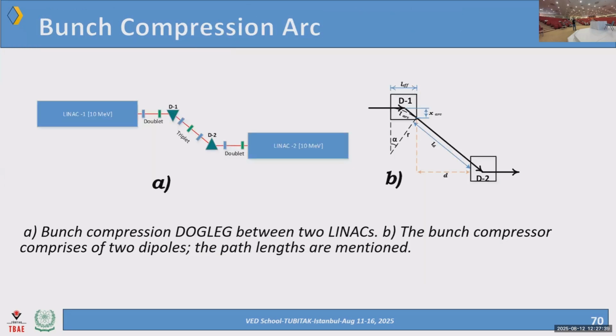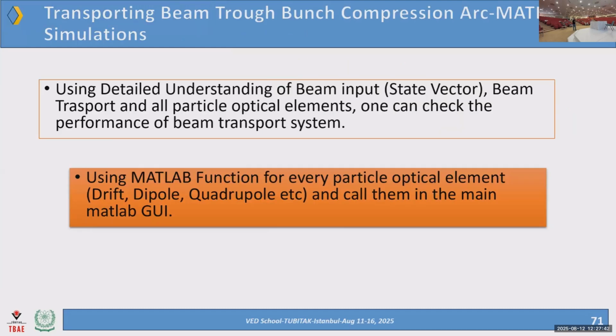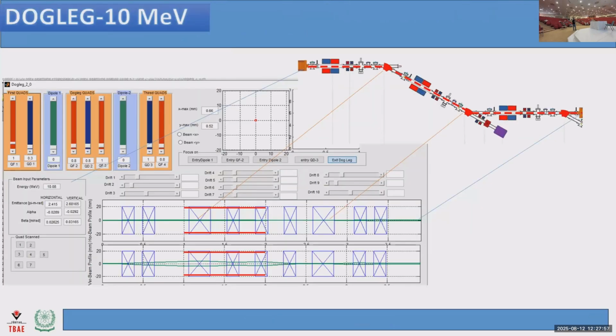So that's what is modeled using MATLAB. So we have to have a detailed understanding of the state vector, and MATLAB functions using quadrupole, dipole, and all these things can be used to define this scheme.